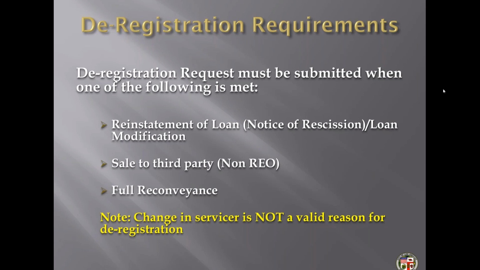We will only approve your deregistration if you provide us with a recorded county notice of rescission, or if there's been a sale to a third party, for instance, a trustee's deed upon sale or a grant deed, anything that shows that the sale actually took place. And the trustee's deed upon sale will need to evidence a sale to a third party, not that it's going back to the beneficiary.